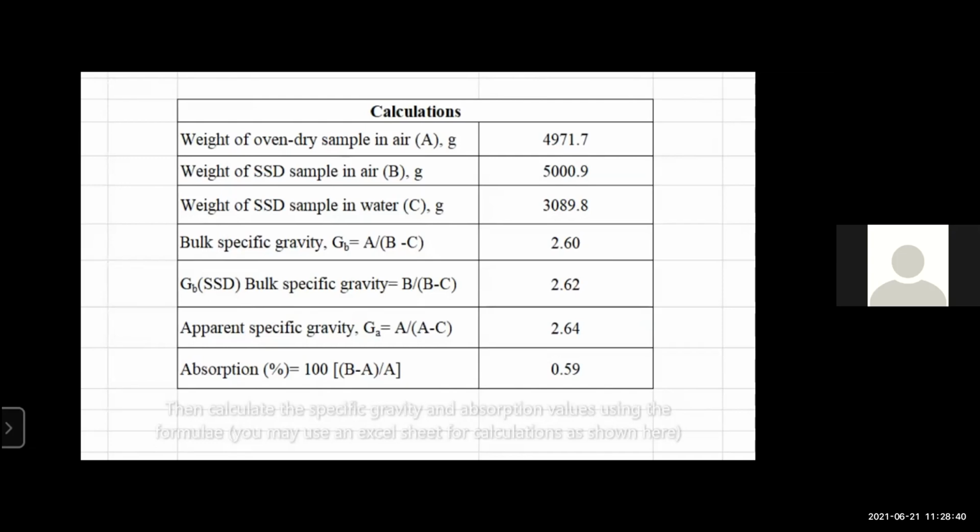Then calculate the specific gravity. From this calculation, calculate the specific gravity and absorption value using the formula. You may use an Excel sheet for calculation as shown here.